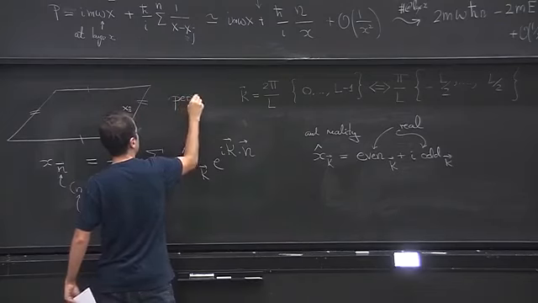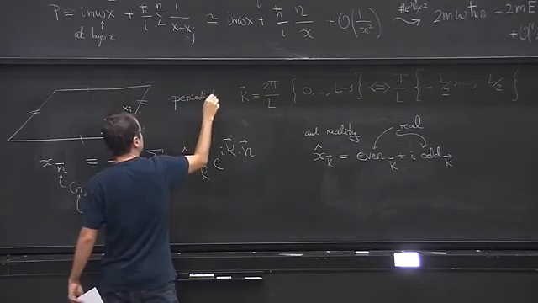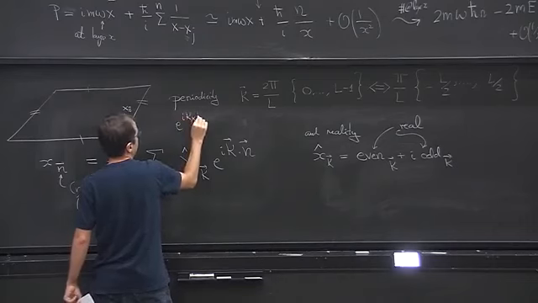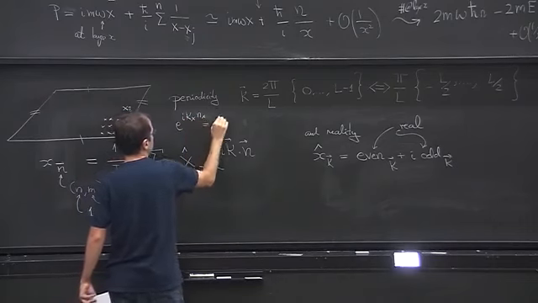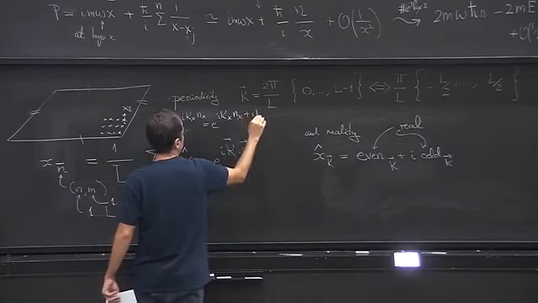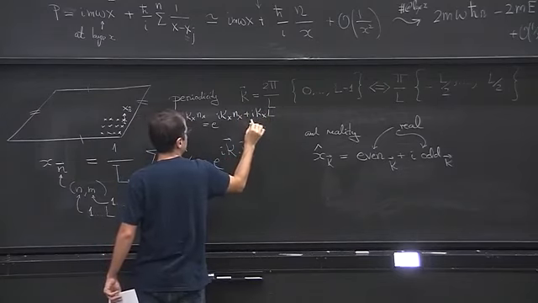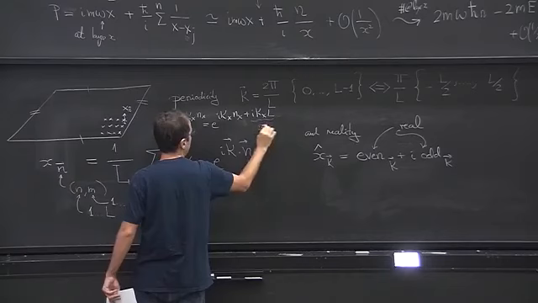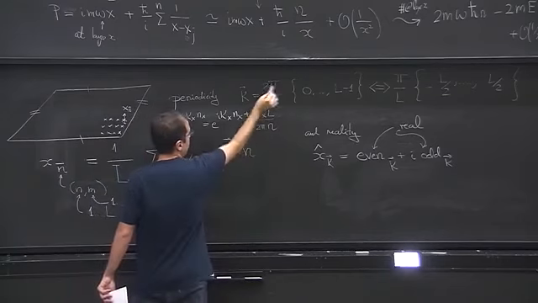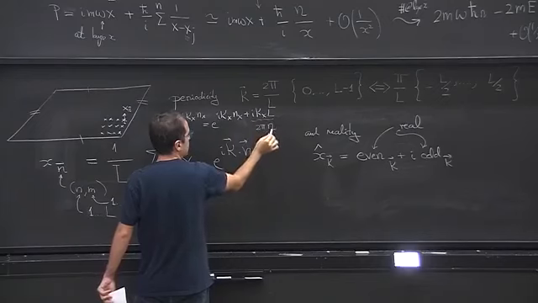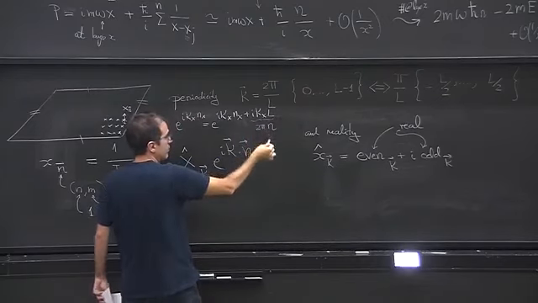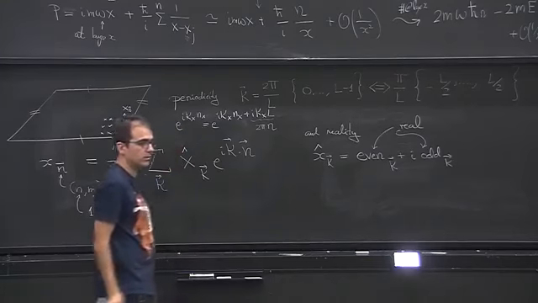So periodicity means that e to the i kx at x would be e to the i kx at x plus L. So this thing should be 2 pi times an integer. So kx is 2 pi divided by L times an integer, but this integer should run over L values, otherwise I'm repeating the same exponential.